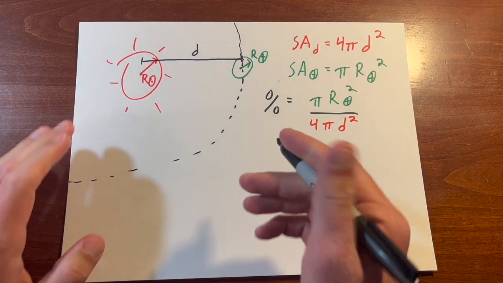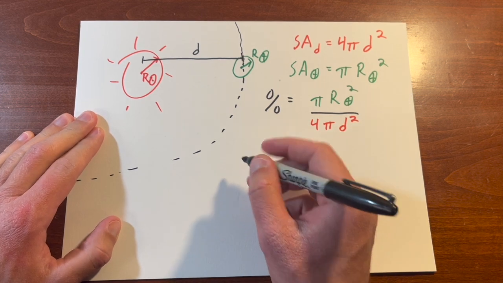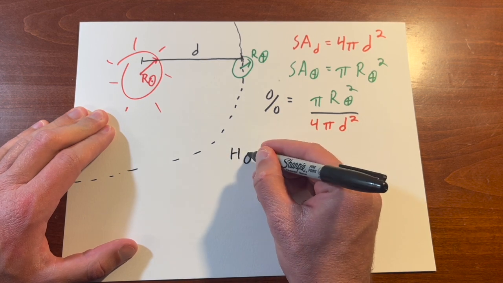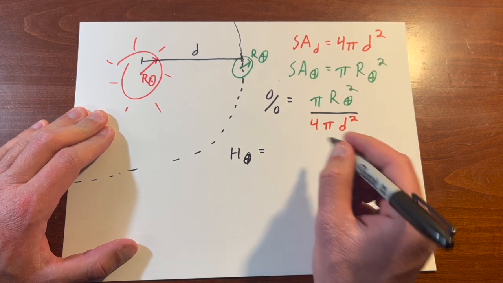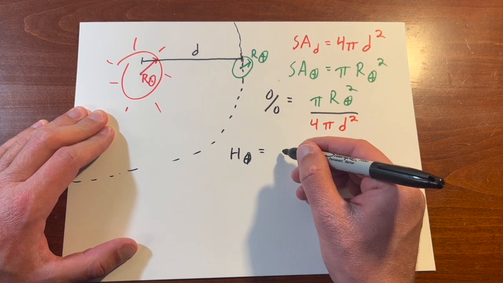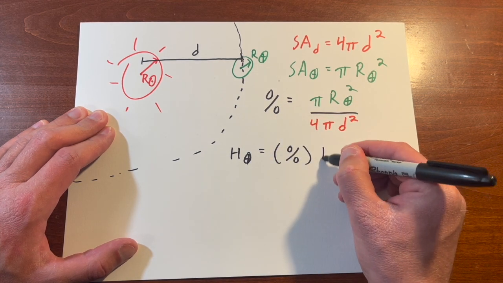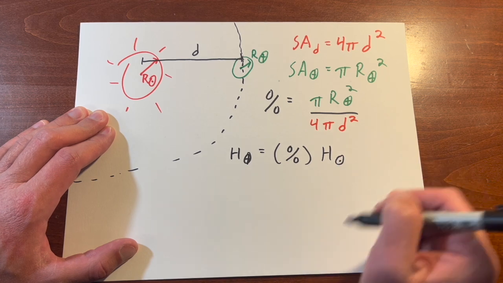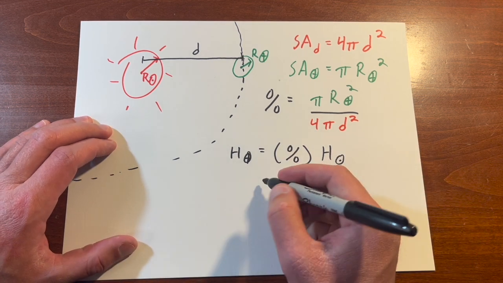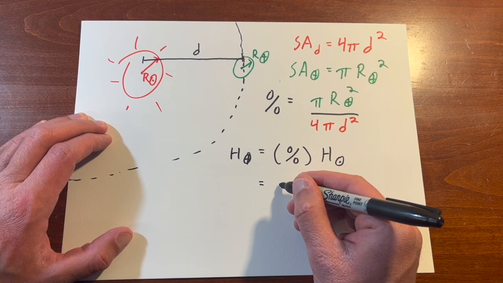So with the Stefan-Boltzmann Law, we can look at the heat that Earth will receive as H Earth times not just the total output of the sun, but whatever that percentage here is times the actual heat output of the sun, which using Stefan-Boltzmann Law, we can rewrite this guy as we have.